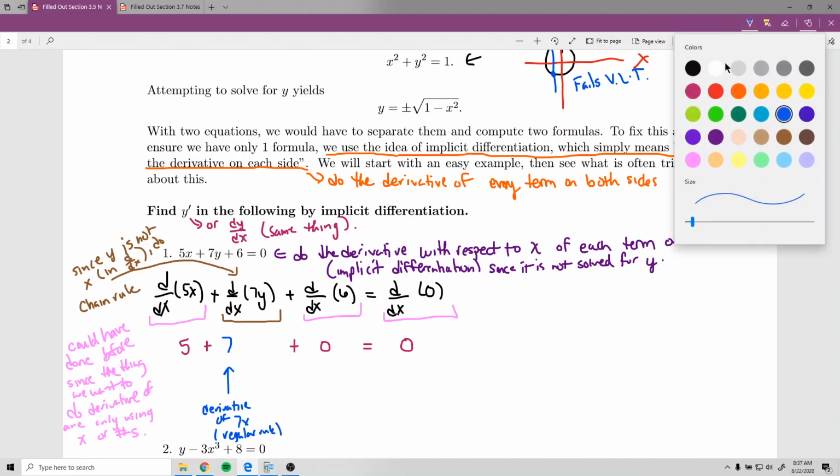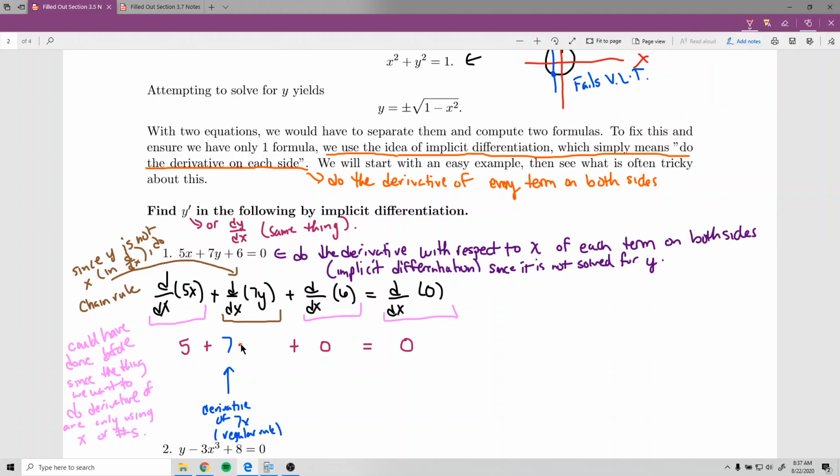And then we multiply, since we have to do the chain rule, we multiply by the derivative of the inside. But the inside here is just y. And the derivative of y is exactly that. The derivative of y is the derivative of y. So that's what's really more confusing here.